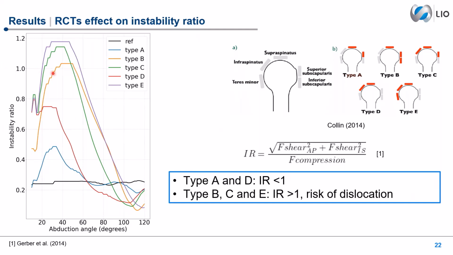And what we can see is that the three over there, type B, C, and E, that have 3 muscles torn, have a very, very high instability ratio. It's above 1. What that means is there is not enough compression force to center the joint, and so there is a very high risk of dislocation.